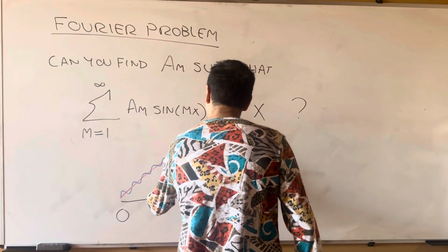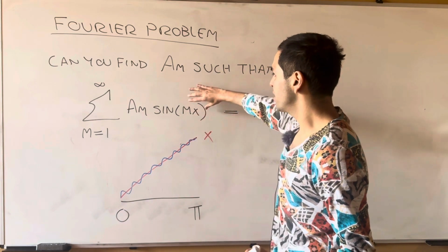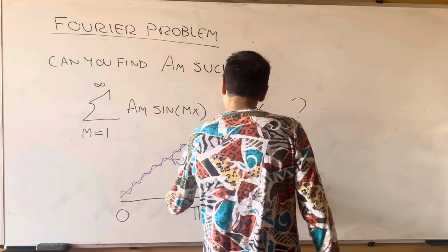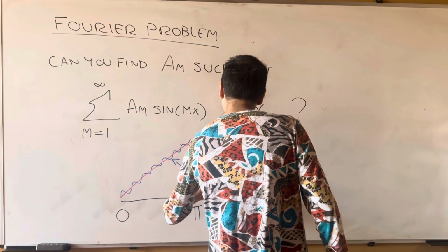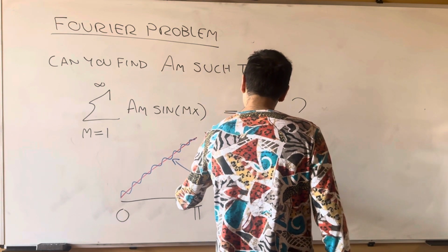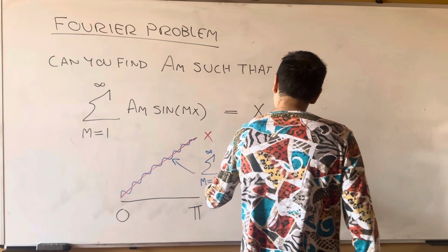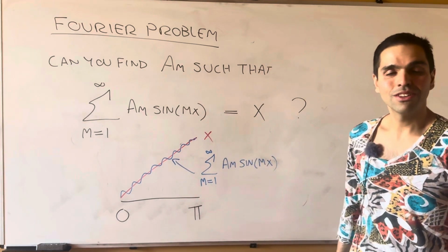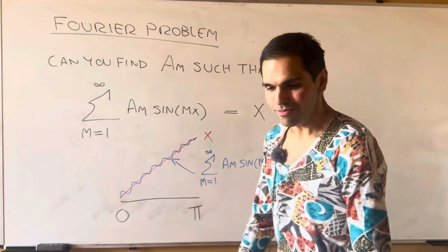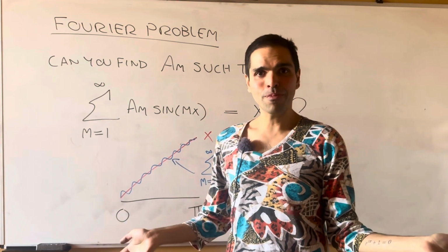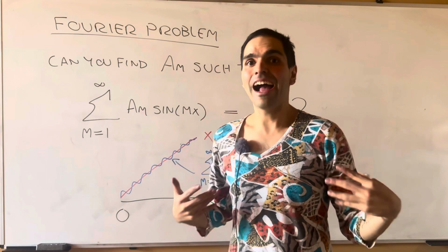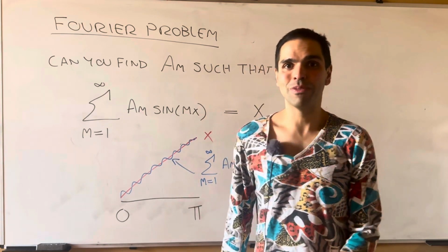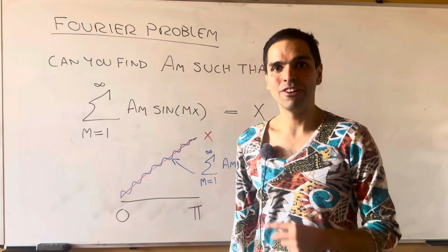So that sum of am sine of mx is just a linear combination of those sine waves, and the question is, can we find the coefficients accordingly such that that sum gets closer and closer as we want to the function x? So far a very hard problem to solve, but we'll actually be able to solve it using a little bit of linear algebra, which is the point of the next video.